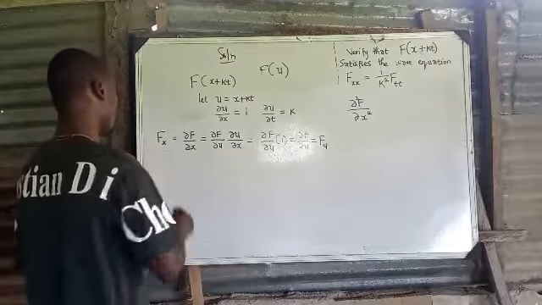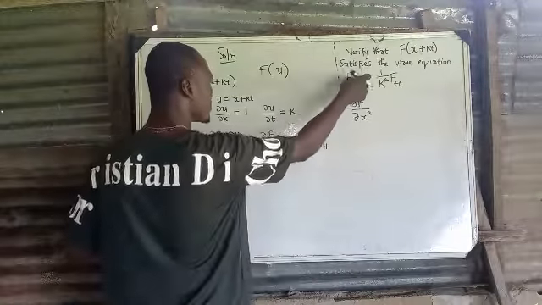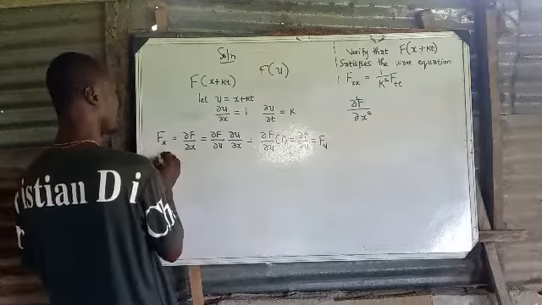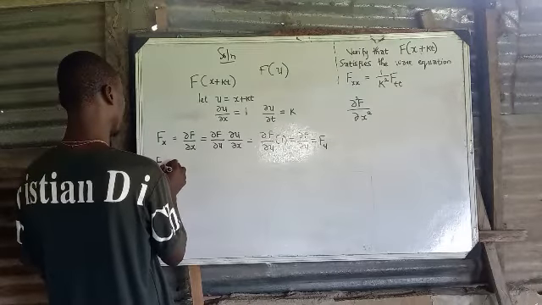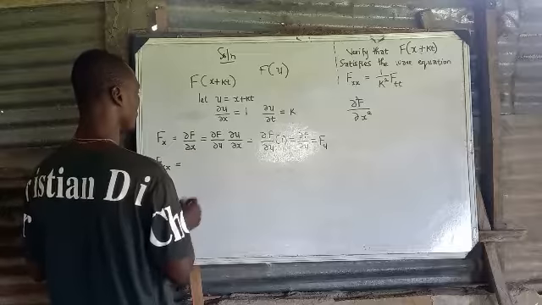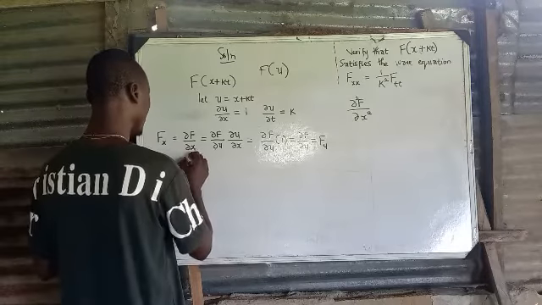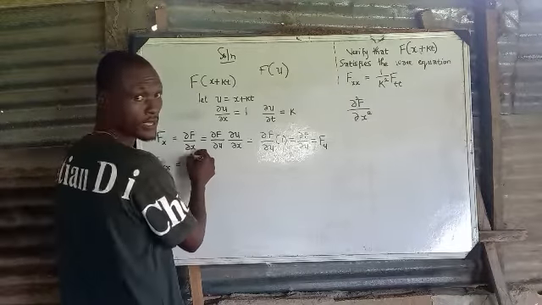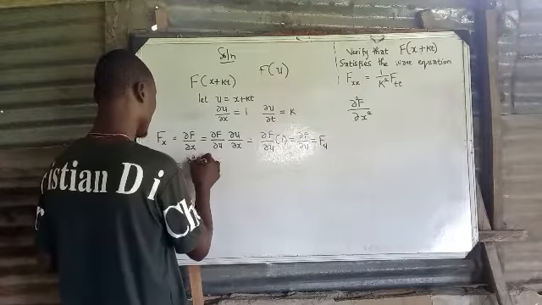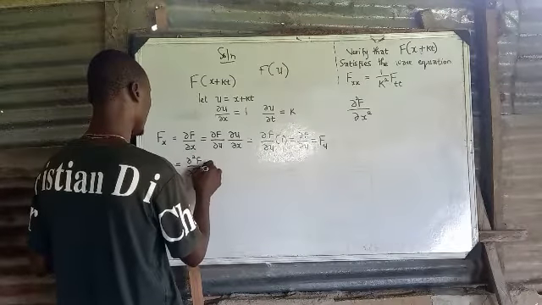Now let's look for the second derivative. We have gotten the first. Now let's look for the second one, which is the whole left hand side. Fxx is equal to, remember, this can be written as partial square f over partial x square.